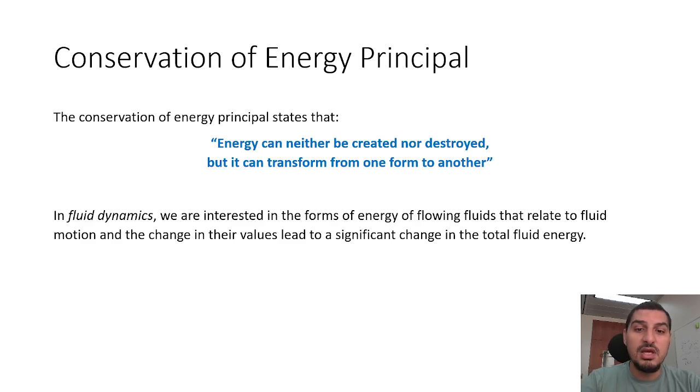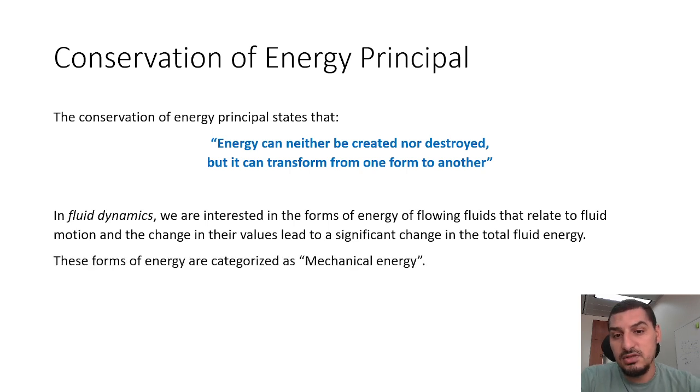We are more interested in the types of energy that relate to the motion, where the change of any one of these forms of energy leads to a change in the total fluid energy. This is the criteria on which we are going to pick the types of energy we are going to deal with. These forms of energy that we are interested in are called mechanical energy.